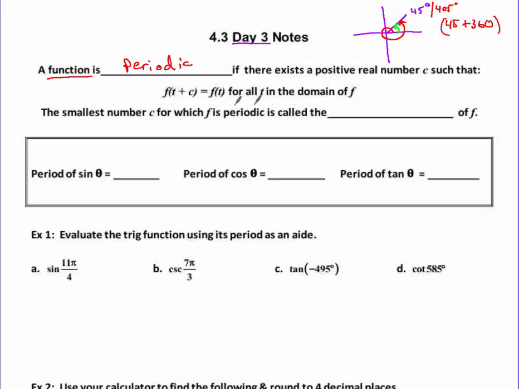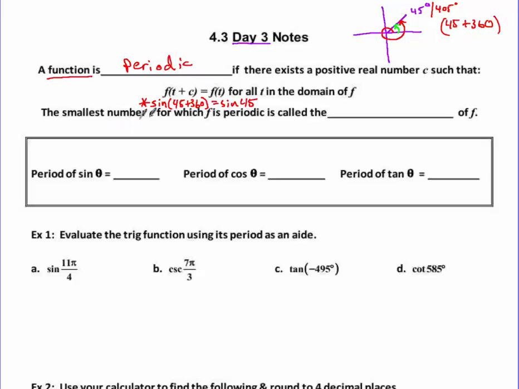I'm sure that sounds like a foreign language, but it just says that if we're doing the sine of 45 plus 360, that equals the sine of 45, and that's because the sine function is periodic.